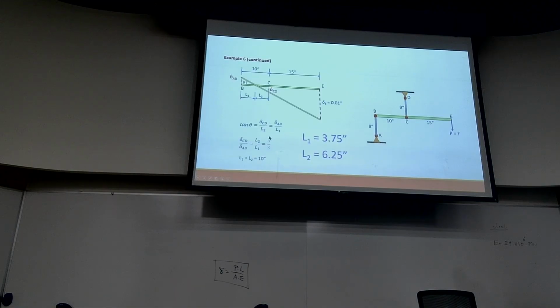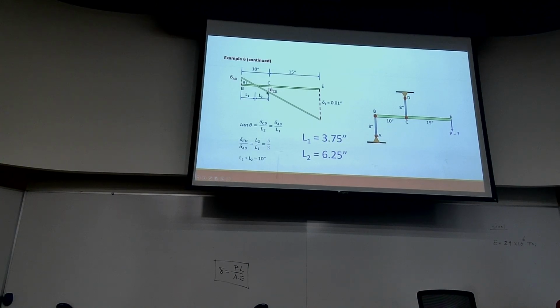And then here we look at this angle. I call this L1 and that L2. Obviously, they add up to 10 inches, it's shown here. But if you look at this angle, tangent of this angle theta is delta AB divided by L1.